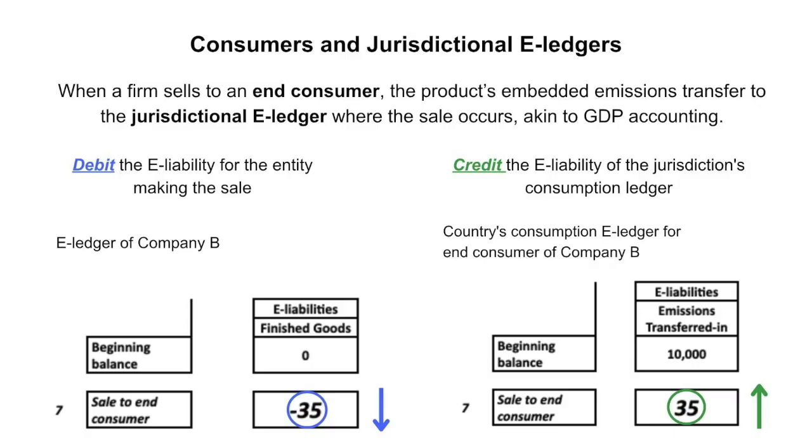Now, this raises a number of policy questions, which we talk about in greater detail in the paper. But people will say, doesn't this then not create an incentive for consumers to care about their emissions? And we say that's actually not the case, because when the consumer makes the purchase, they still have the visible product label with the e-liability on it.